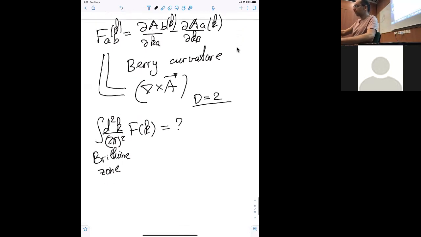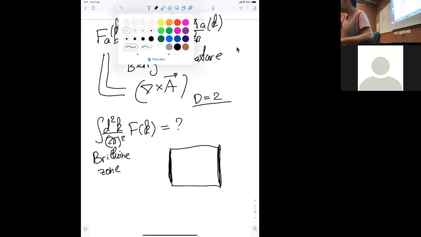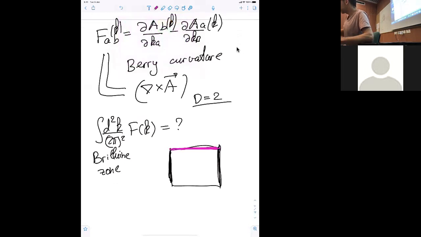However, if you look at the Brillouin zone of two-dimensional system, it actually is a torus because these points are equivalent to these points, and these points are equivalent to these points. You can take more complicated shape of Brillouin zone, but there will always be points on the boundary that you can identify.